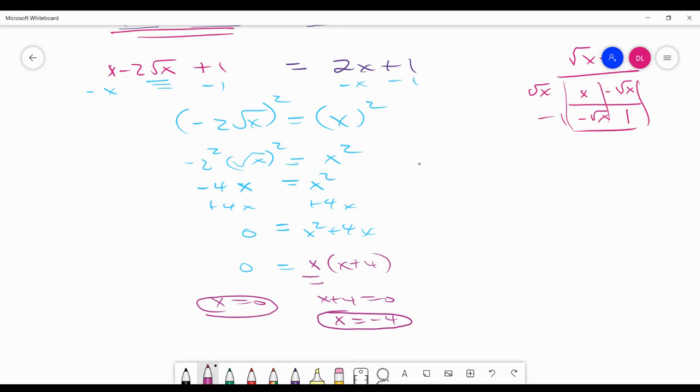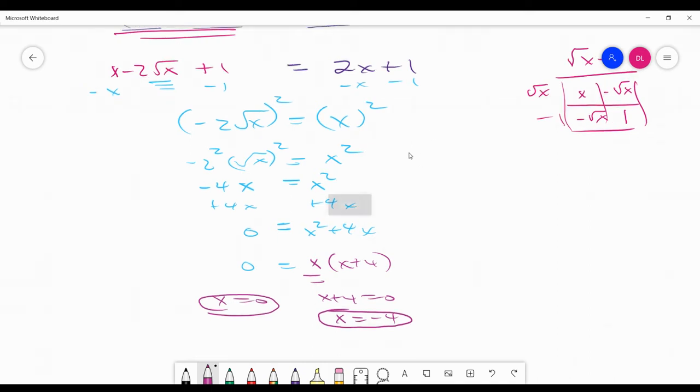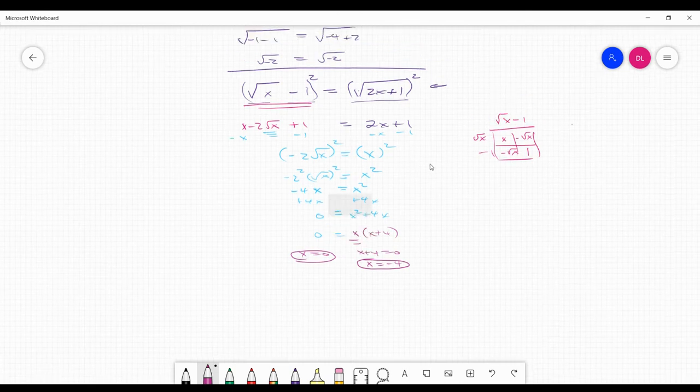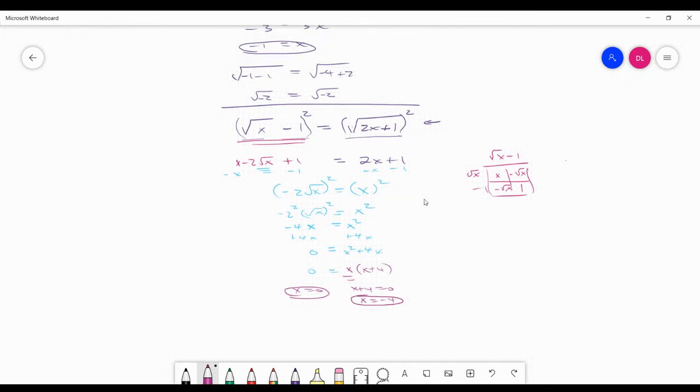So we've got a little bit of extra work here. So let's go back through this. Let me move this down, shrink this down just a little bit. There you go. So I will write this off to the side. I squared both sides.